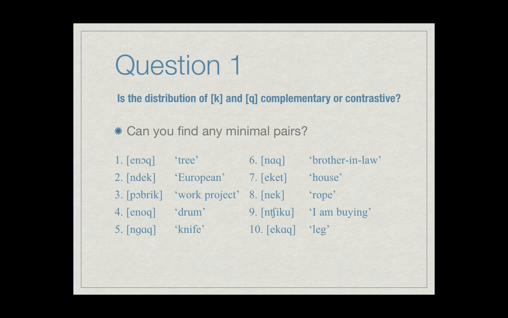Study the dataset carefully. Is there a minimal pair for these two phones? No. There are no two words with different meanings, such that one has k where the other has k. This means that the distribution is definitely not contrastive.